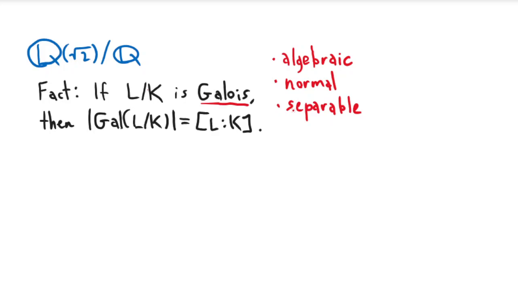And then separable refers to what happens to algebraic elements of L. So basically, if an element of L is algebraic, you want its minimal polynomial over K to be a separable polynomial. And that just means that it doesn't have repeated roots.